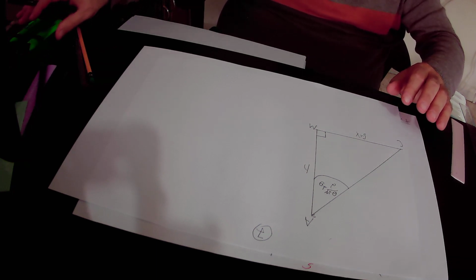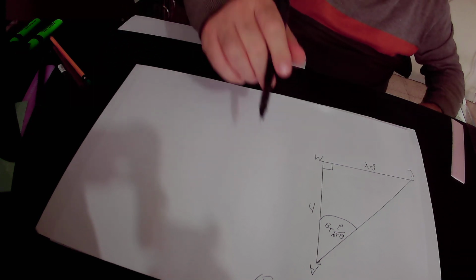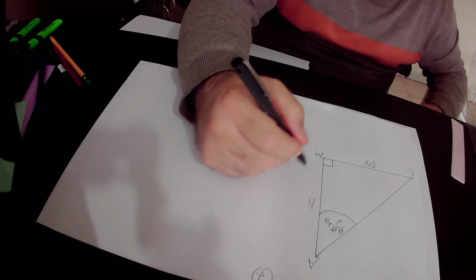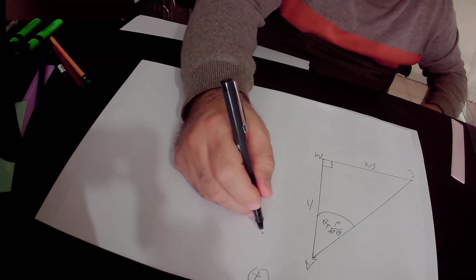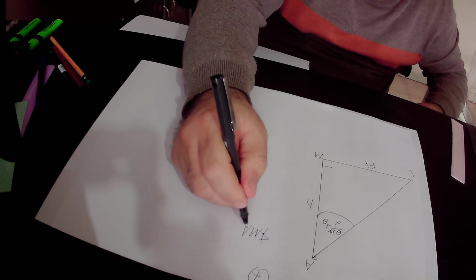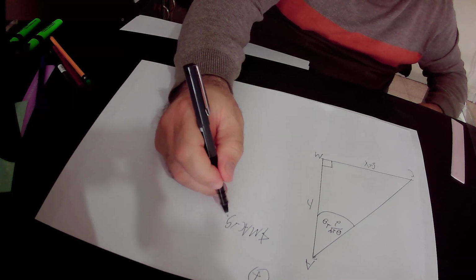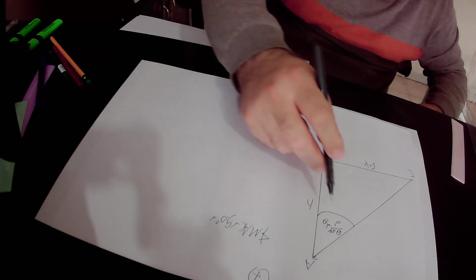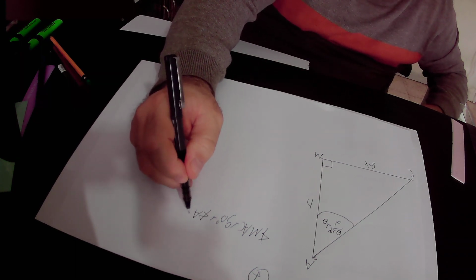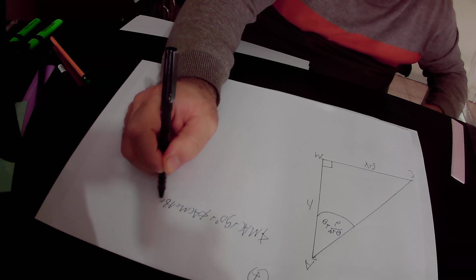According to the rule that the sum of the angles in any triangle is equal to 180 degrees, angle MAC plus this angle that is 90 degrees plus angle ACM must equal 180 degrees.